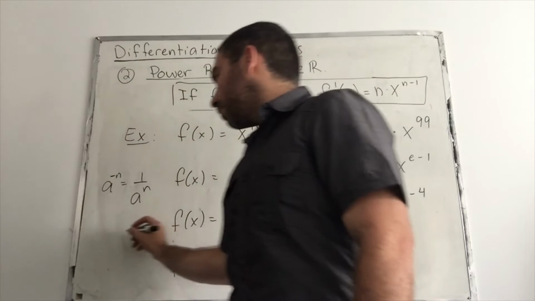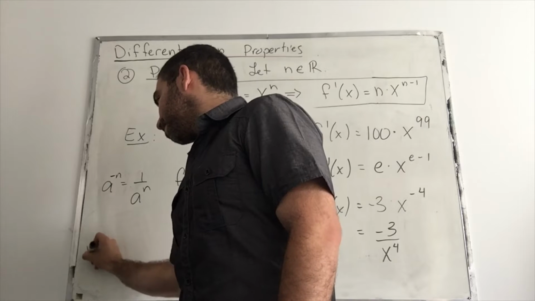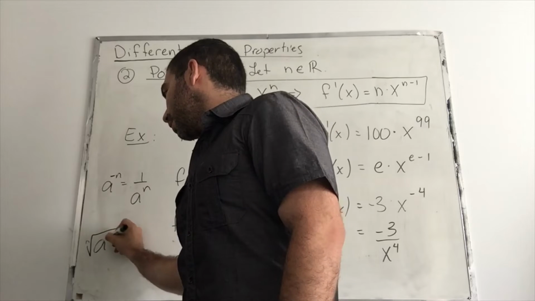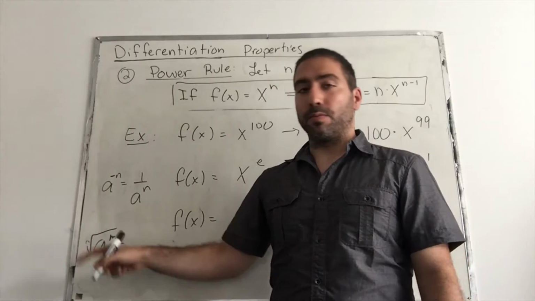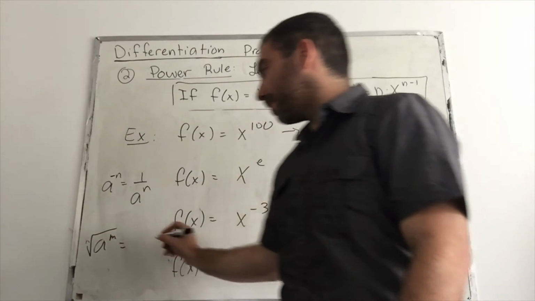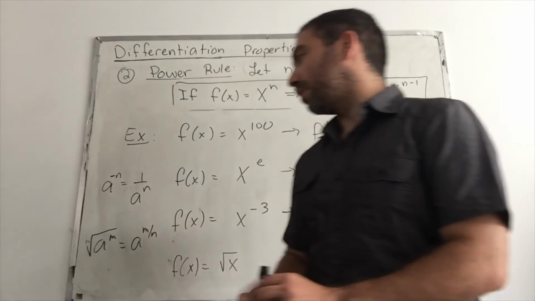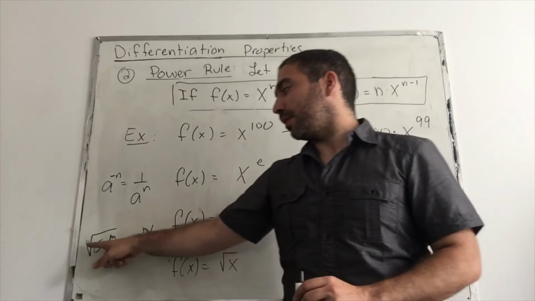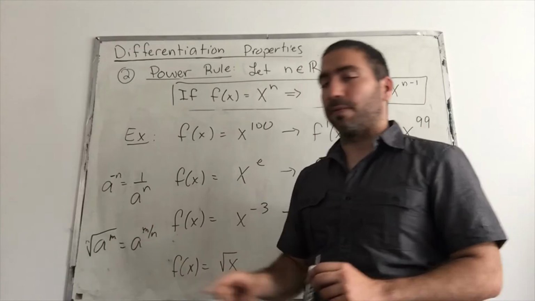The other property you have to know is, if you have a root, a to the exponent m inside the nth root, you could rewrite it as a fraction, a to the m divided by n. So the m stays here on top and the nth root comes here on the bottom, and you can write it as a fraction, a to the m divided by n.